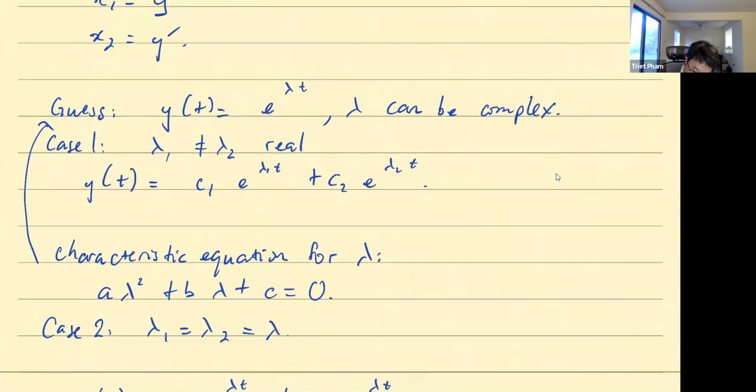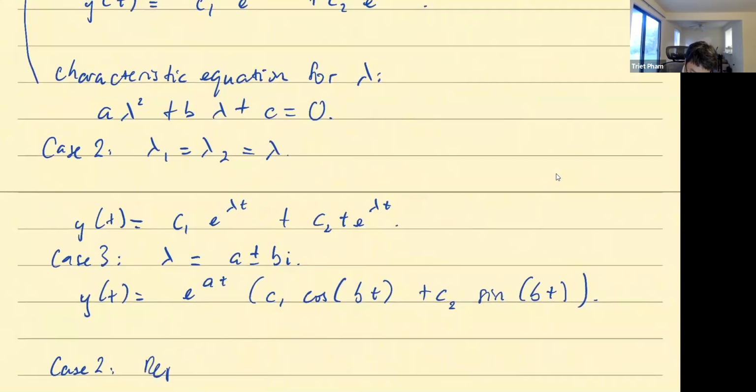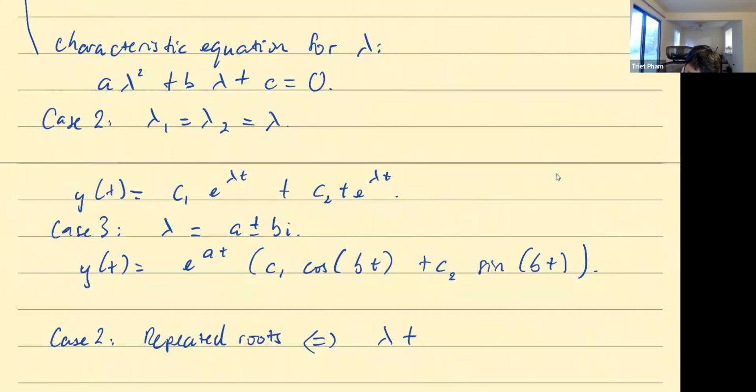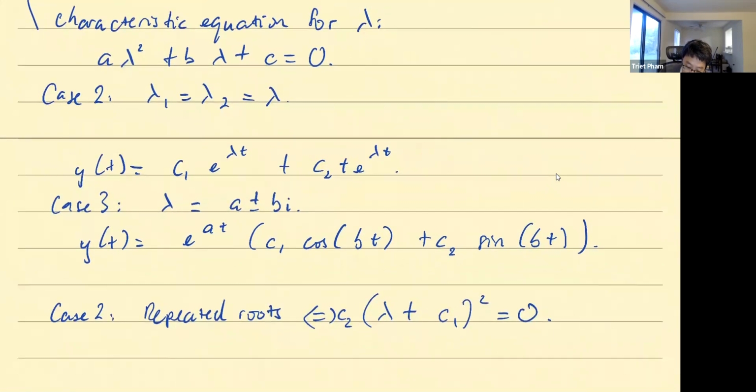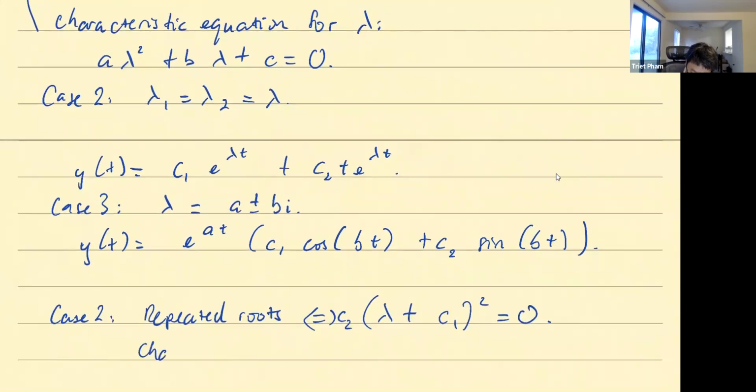Repeated roots means that the characteristic equation must be of this kind of form: lambda plus, for lack of letters, let's call it c1, squared times c2, is equal to 0. What I mean is, if it's repeated roots, then the characteristic equation is a perfect square.